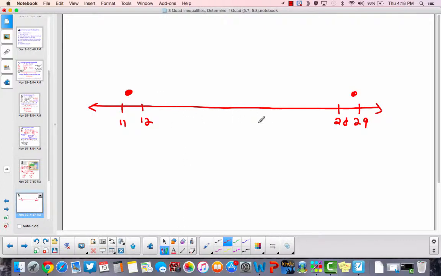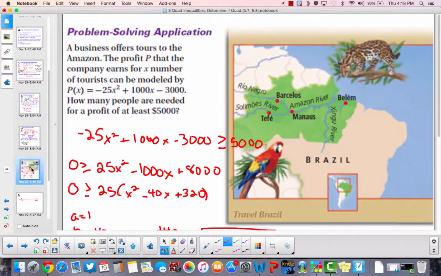When we test this interval, we look at some number in here, and some number over here, and some number over here. Now, I just chose 12 to plug in for over here. So if I plug a 12 in, remember my original equation, this is the one I'm looking at: 0 is greater than or equal to 25 times parentheses x squared minus 40x plus 320. Okay.